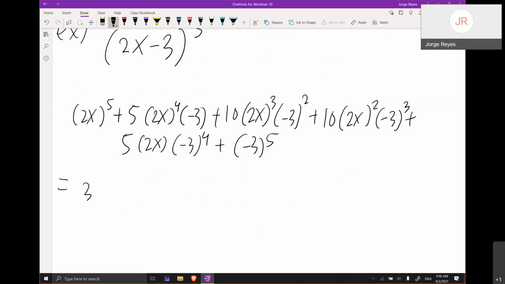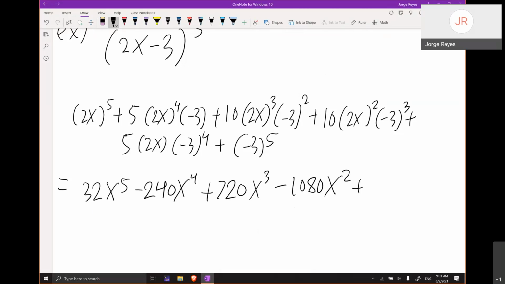So this is going to equal 32x to the 5th plus, and this is going to be a little nasty, so 16 times negative 3, so this is going to be negative 240 x to the fourth plus, okay, and then this is going to be 9 times 8 times 10, so 720 x cubed minus, this is going to be 27 times 4, then a negative 10, so this is going to be negative 280.